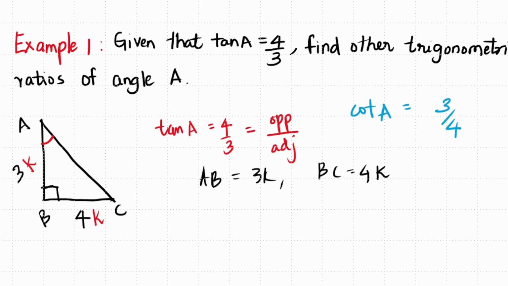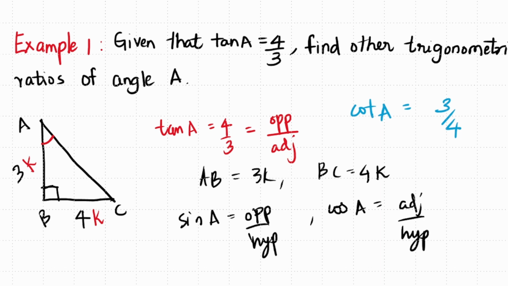So what's the formula of sin A? Sin A is opposite by hypotenuse, and cos A is adjacent by hypotenuse.